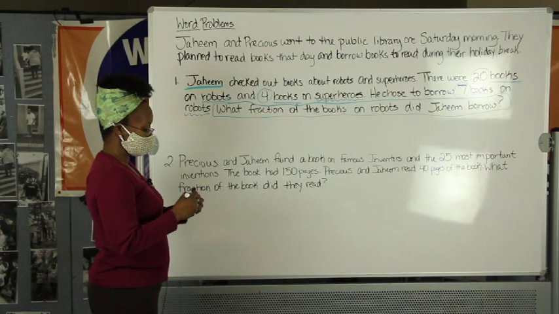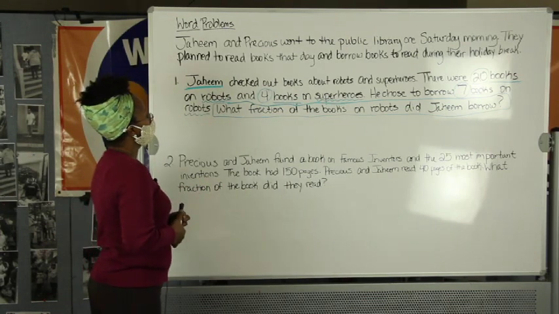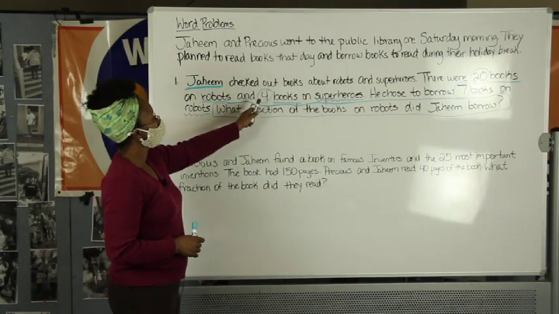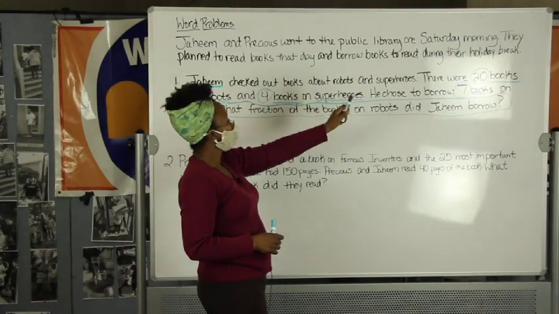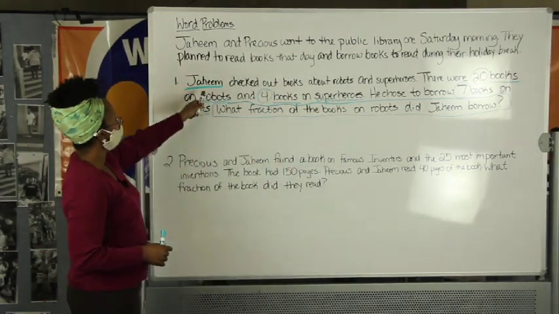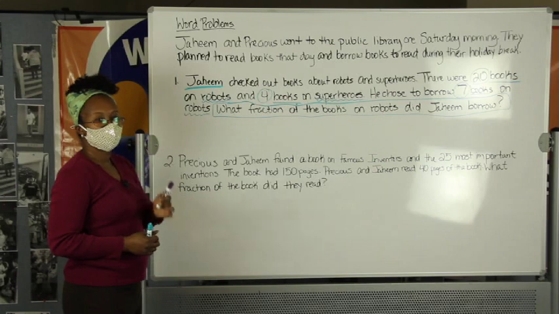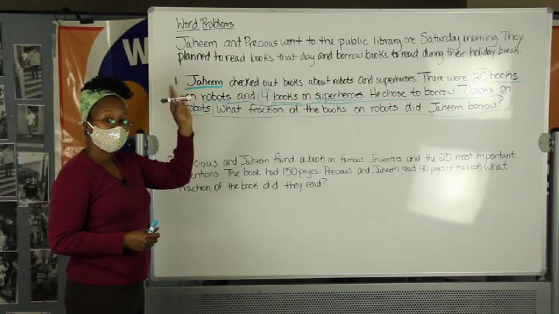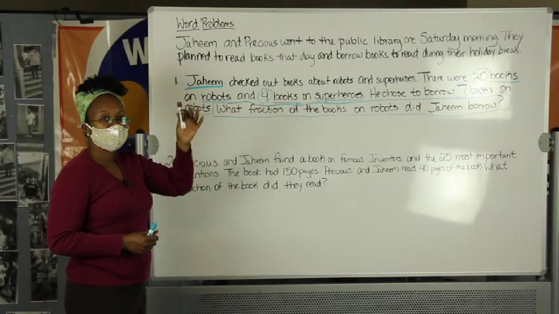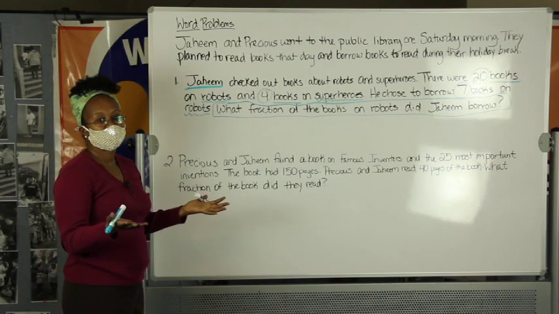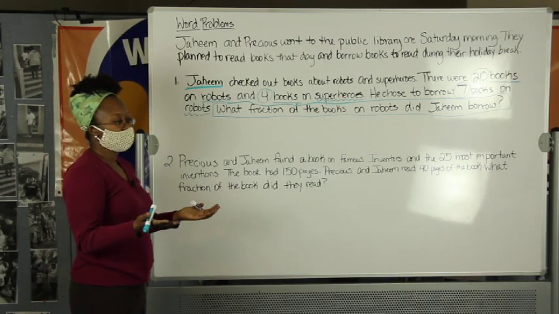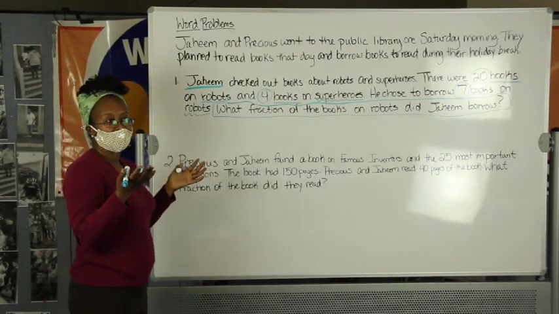So, as you can see, when I look at a word problem, I'm going to look at numbers. I want them to stand out. And I look at people. If I had more than one person, I probably would have used another color marker. If you don't have that, like when you're taking a test or whatever, find some kind of system so that you can keep them straight.